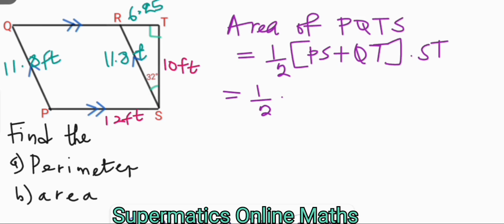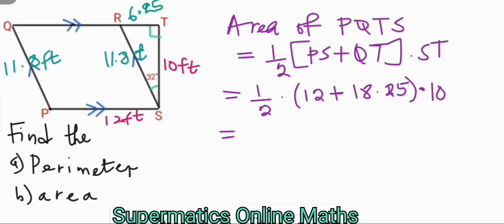That is going to be half of the product of the sum of PS, which is 12, and QT, which is the sum of QR and RT, which is 12 and 6.25, giving 18.25, and the perpendicular distance between the two parallel sides, which is ST, and that's 10.